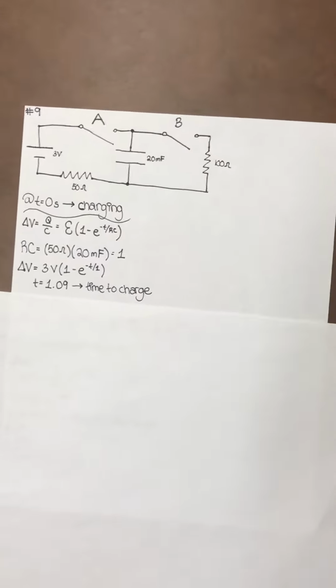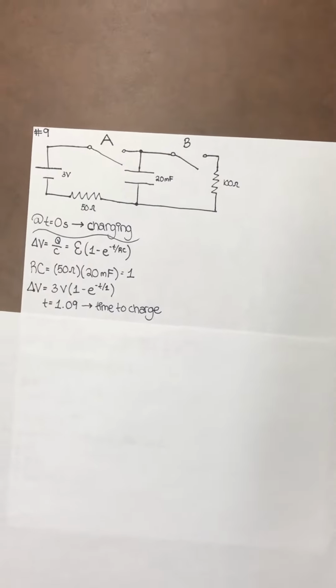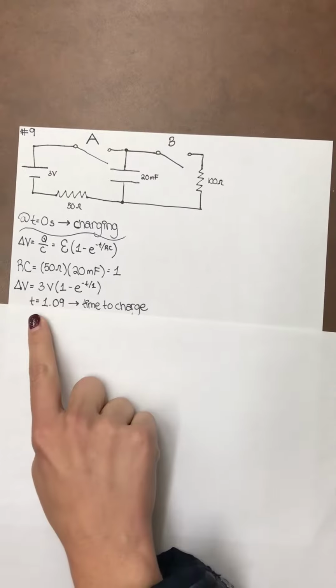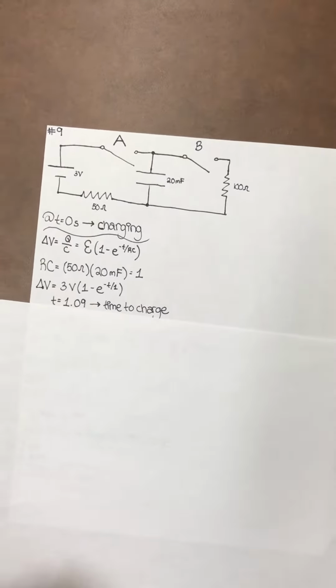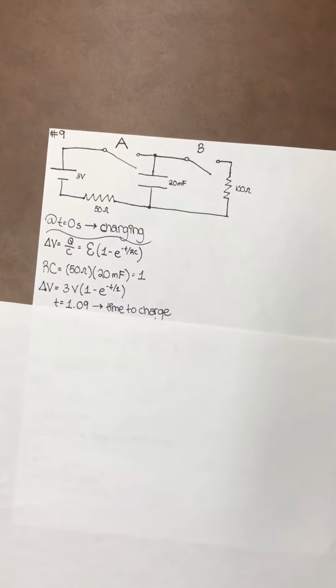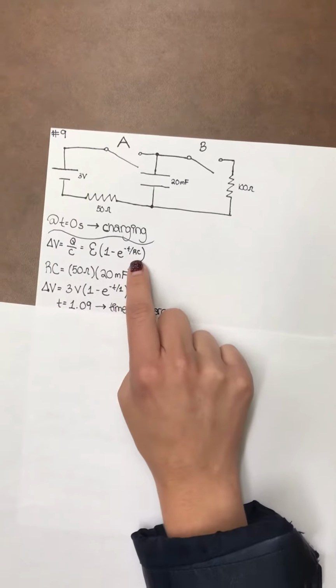The question states that at t equals 0 seconds, switch A is closed and the capacitor starts to charge. So in order to find time, we need to use the equation delta V equals V max times the quantity 1 minus e to the negative t over RC.